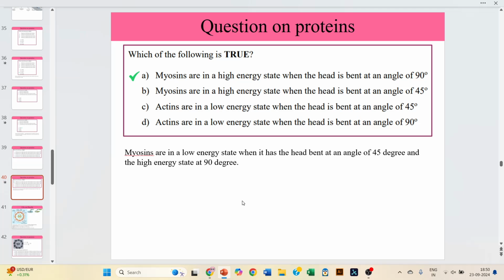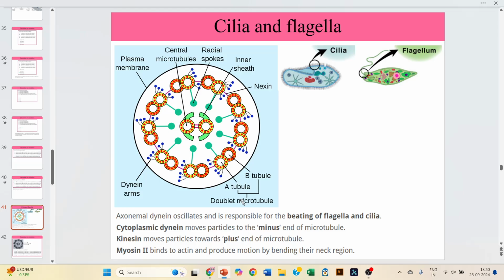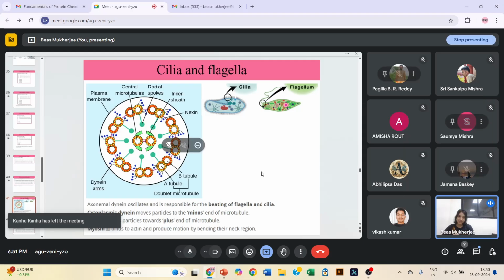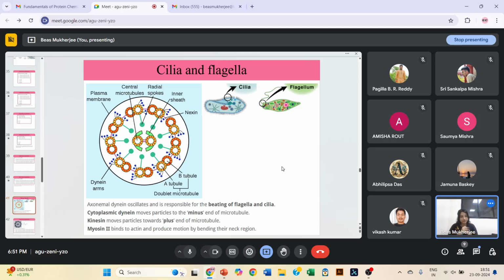Right. Now we move on to the next topic. This is something very interesting. You might have studied about cilia and flagella. In bacteria, there are these tiny extensions all over the surface. This is called cilia. Cilia goes through this kind of motion and helps the bacteria to travel.